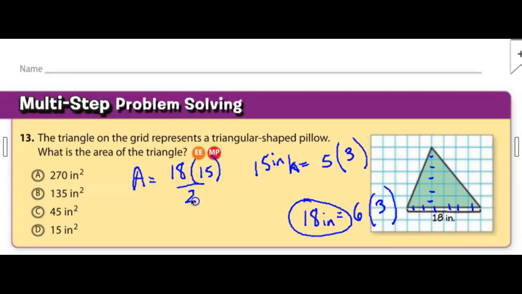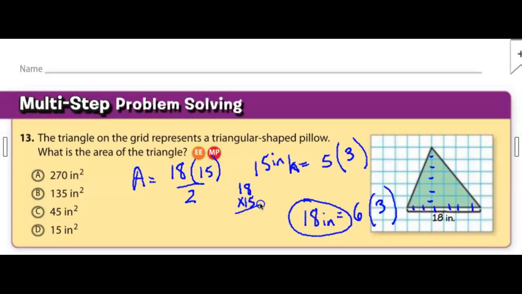divided by 2. Now, we have to make sure absolutely to not just automatically take all the numbers and then start calculating without thinking about whether it makes sense. Okay, so what I need everyone to do right now is we're going to calculate 18 times 15.